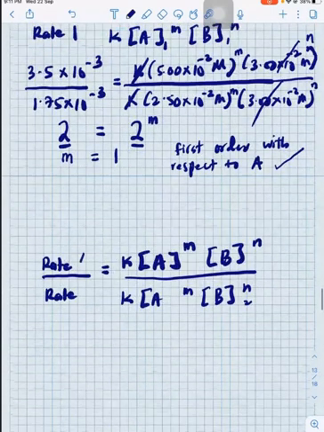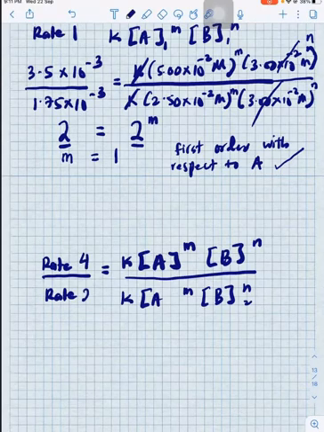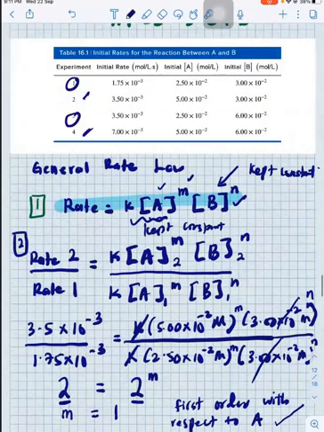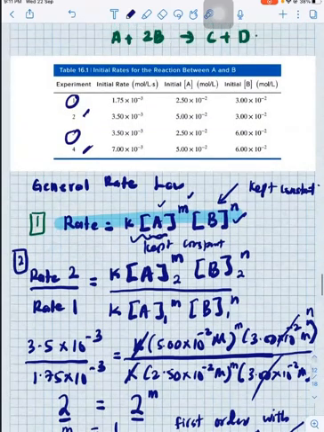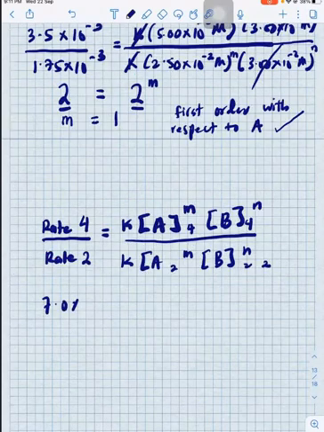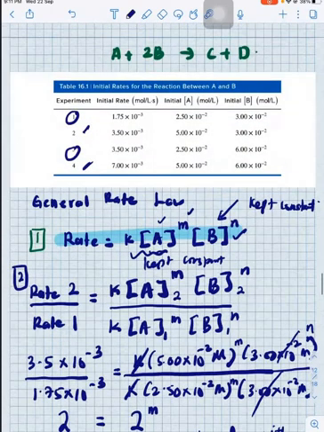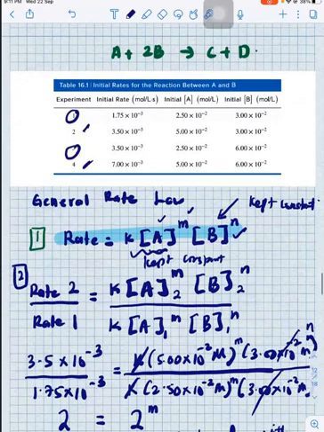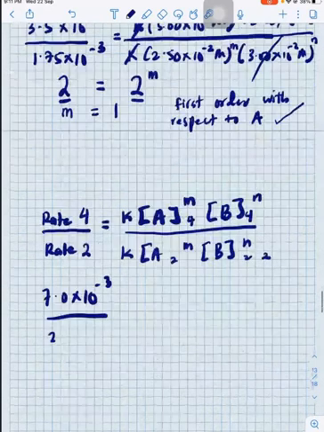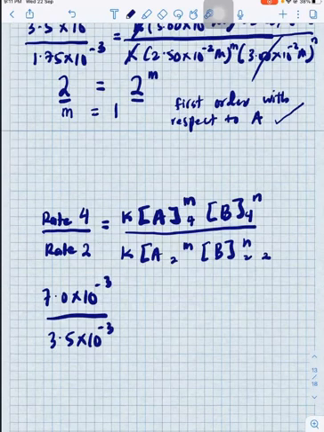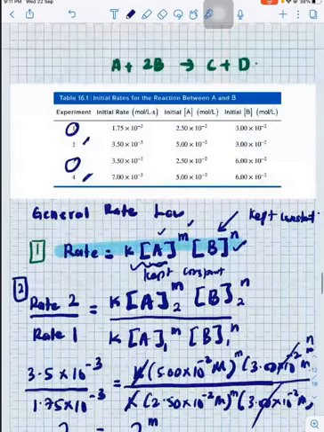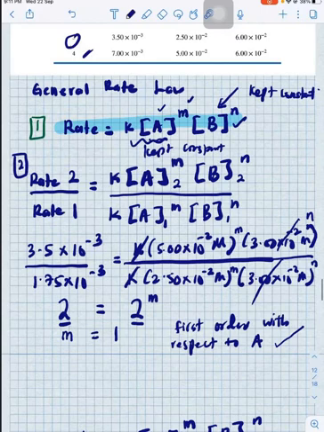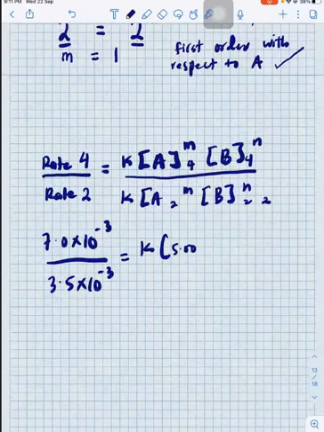So rate 4, 2. So ini data daripada eksperimen 4, ini data daripada eksperimen 2. So rate kita daripada eksperimen 4 tadi 7.0 darab 10 kuasa negatif 3. Eksperimen berapa tadi kita ambil? 2 kan? 3.5 darab 10 kuasa negatif 3. So yang ni K, A kita tadi berapa? A kita 5. Okay. 5.00 darab 10 kuasa negatif 2 molar.